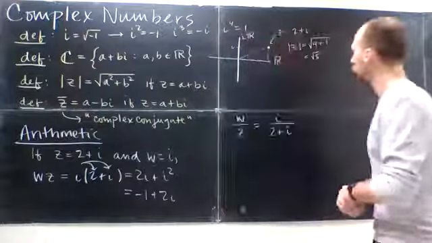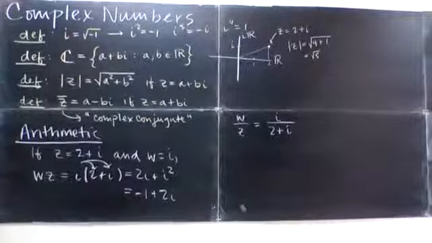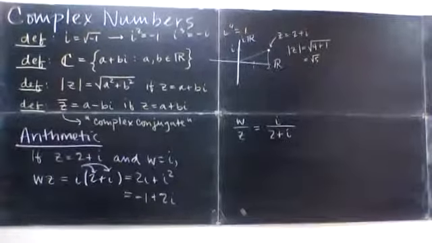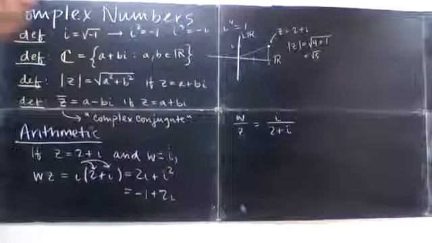So just kind of a fact that I'm going to throw out there, I didn't remember to state this earlier. This is something that you could prove on your own if you wanted.